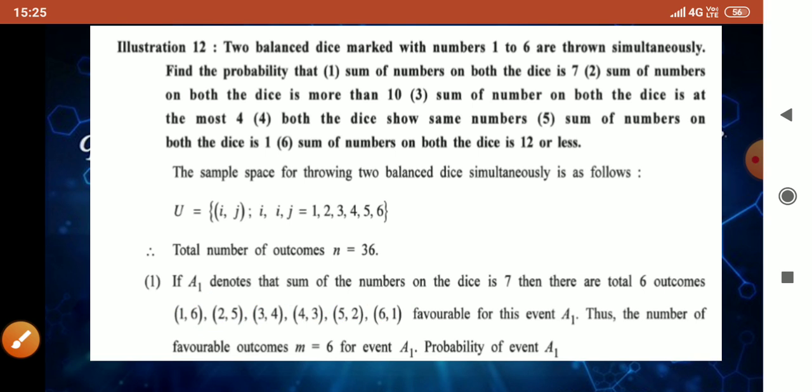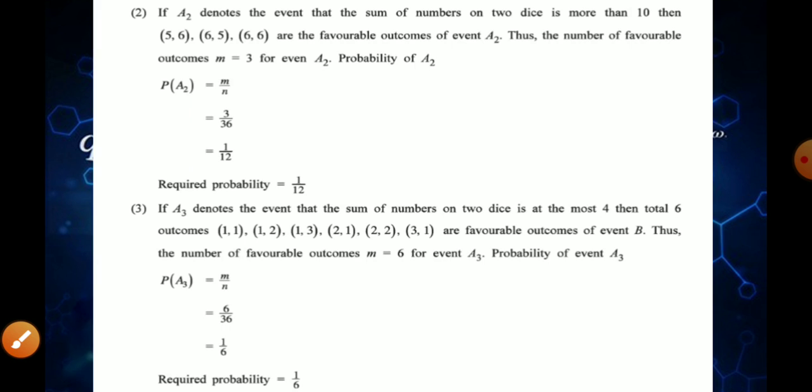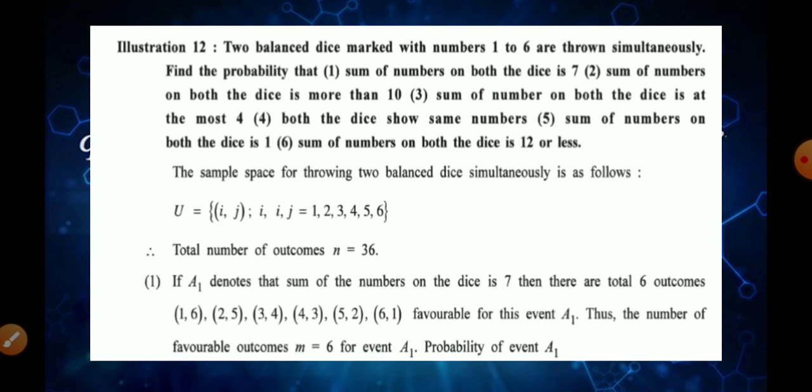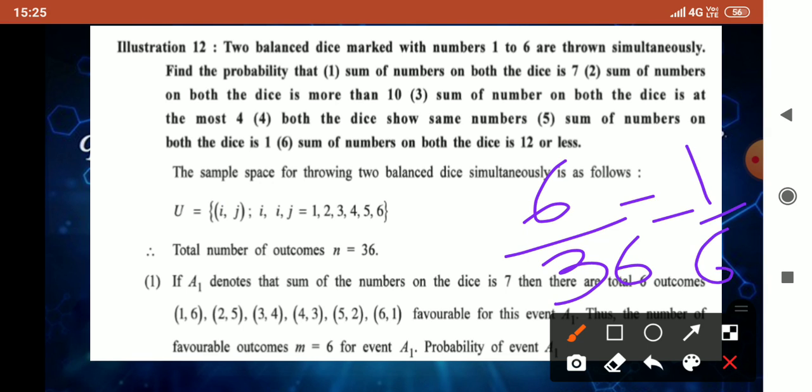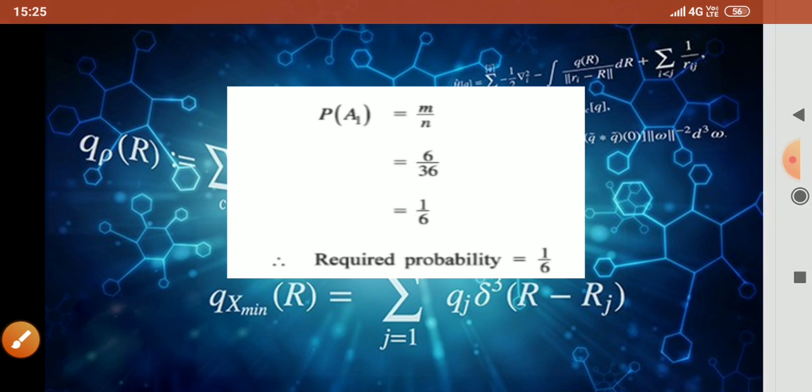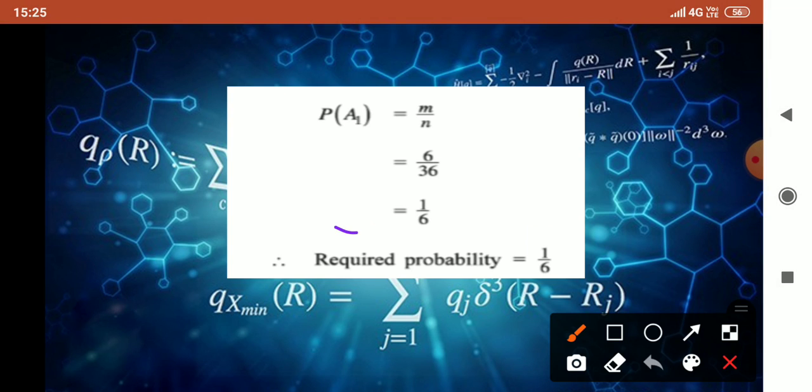So we have 6 outcomes out of 36. Okay, so my probability will be 1 by 6. My m is 6, my n is 36, my probability is 1 by 6.